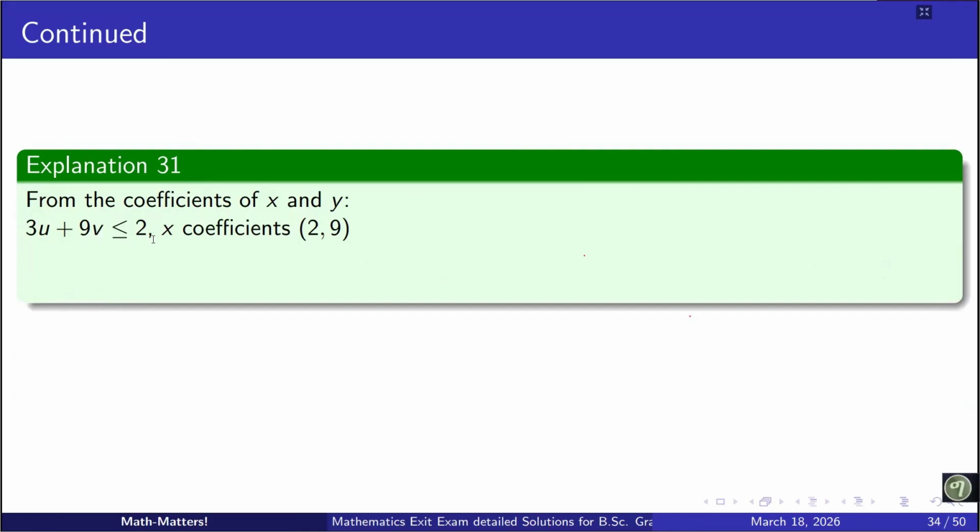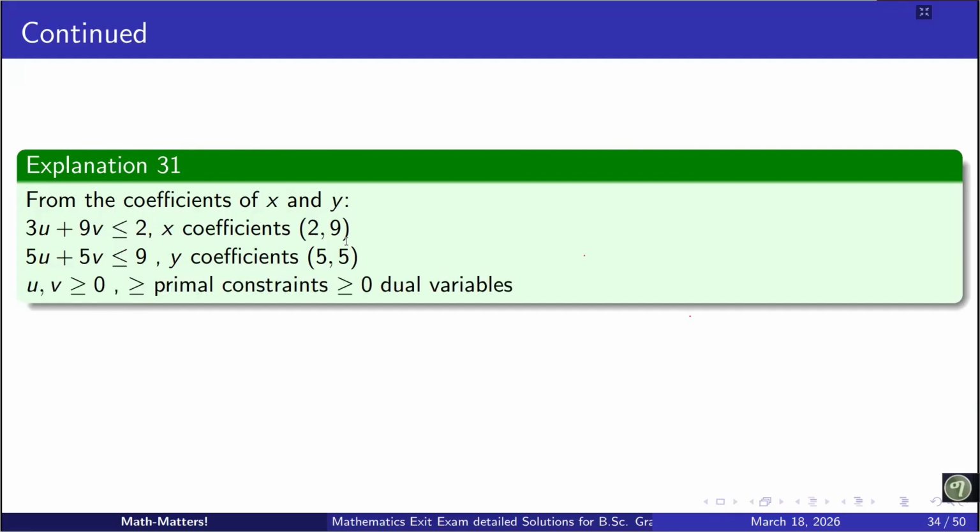Therefore, u and w are greater than or equal to 0, since the primal constraints are greater than or equal, the dual variables are greater than or equal to 0.